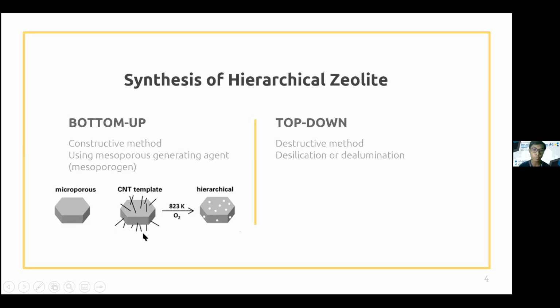Then we will remove the carbon nanotube. Because the zeolite is aluminosilica crystalline, we will dissolve the silica or the aluminum. If we want to partially dissolve the silica, we can use alkaline, or you can use acid.